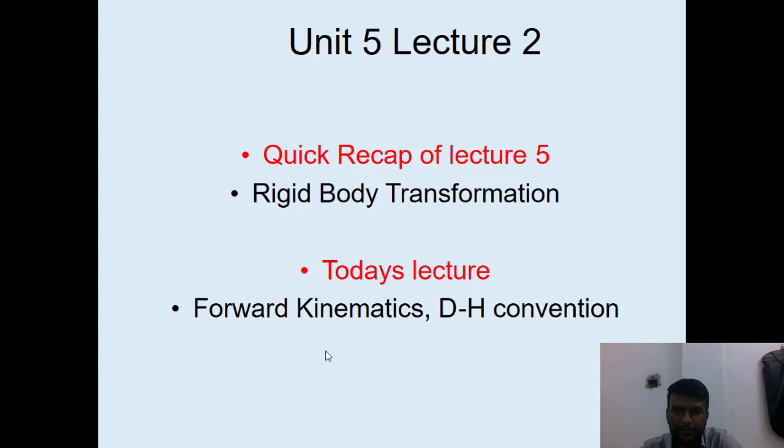In the last lecture, we have seen the rigid body transformation, just the introduction, how to predict the end effector location, position, and the orientation. To know the location and orientation, we need to know the position of a body and the orientation of the body, that can be achieved with the help of matrices, that is the transformation matrix.